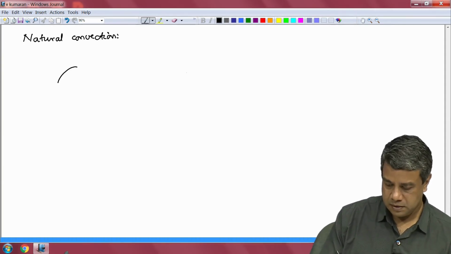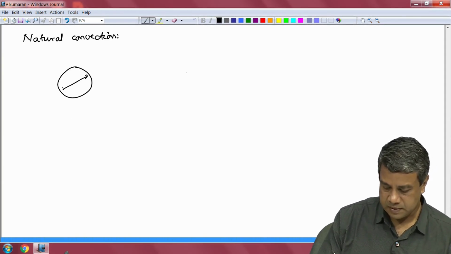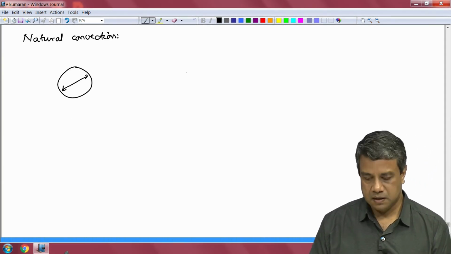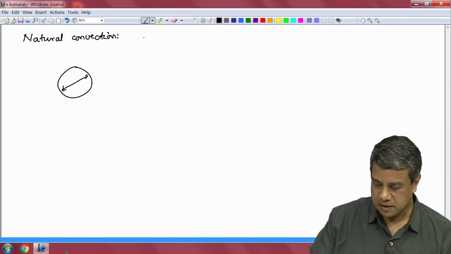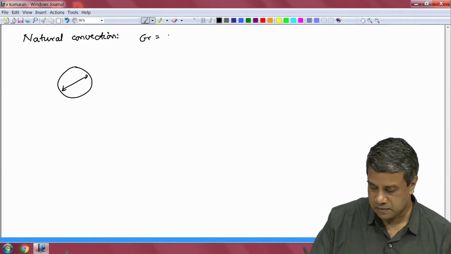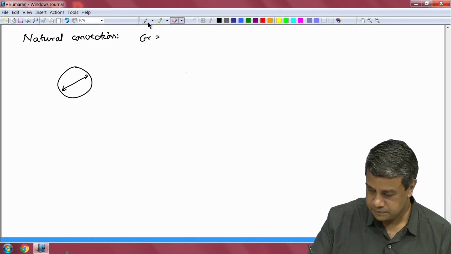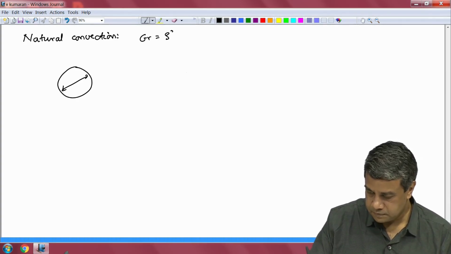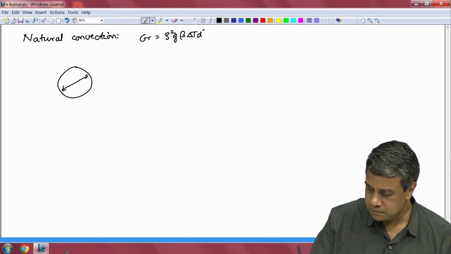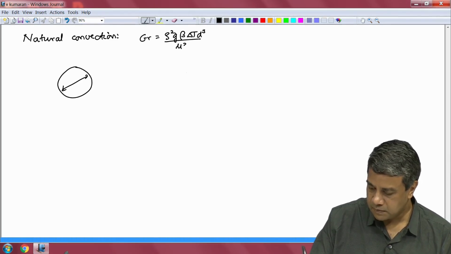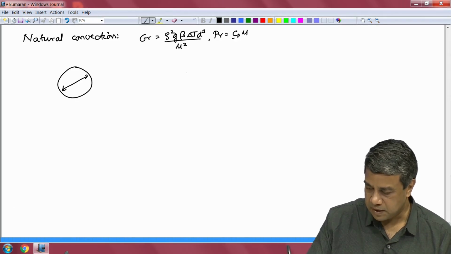Natural convection from an object, in the limit of high Grashof number. If you recall, Grashof is equal to rho square, and the Prandtl number is equal to Cp mu by k.